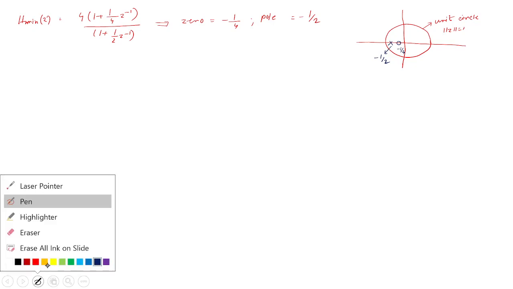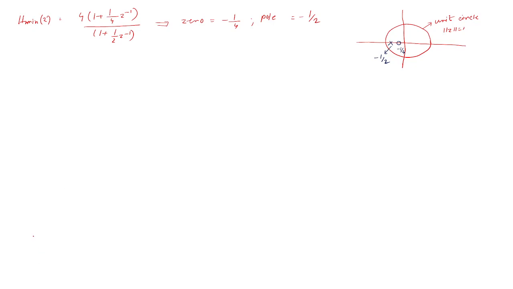So we make the following observations. The zero of H min of z is at z equal to minus 1 by 4, inside the unit circle, hence the second condition is satisfied.